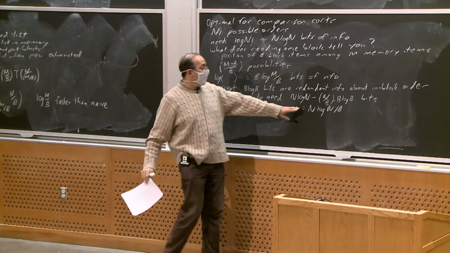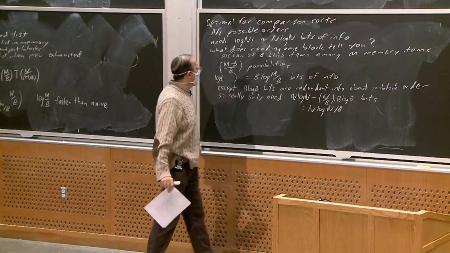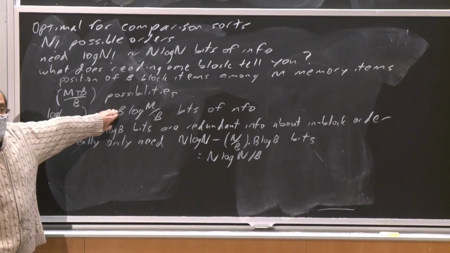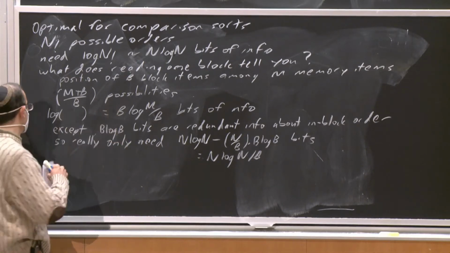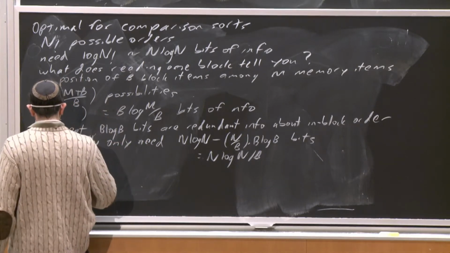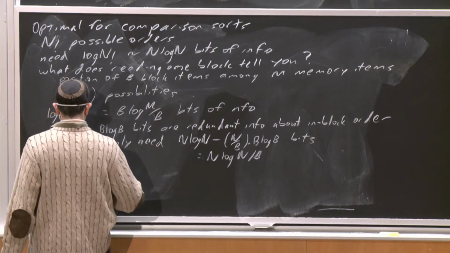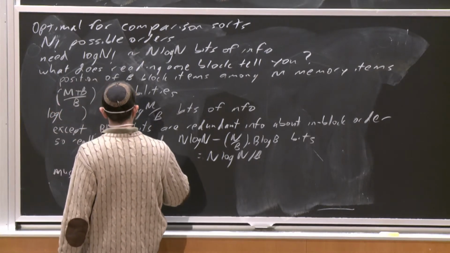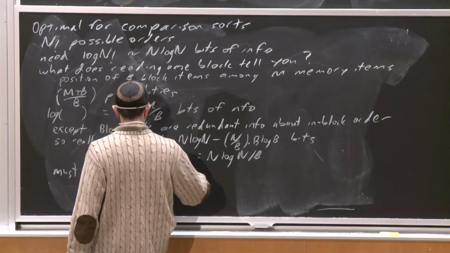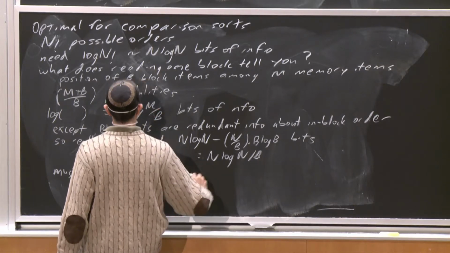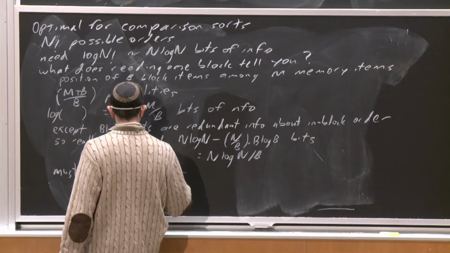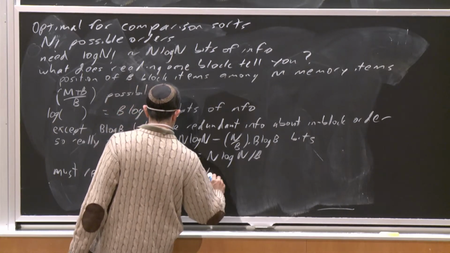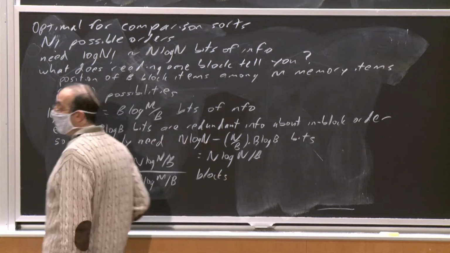So we need n log n over B bits of information. We get B log M over B bits of information each time we read a block. So that tells us that we must read n log n over B divided by B log M over B blocks in order to sort.